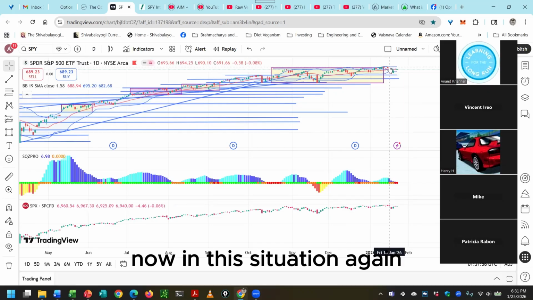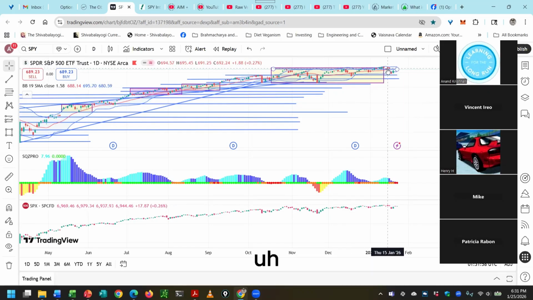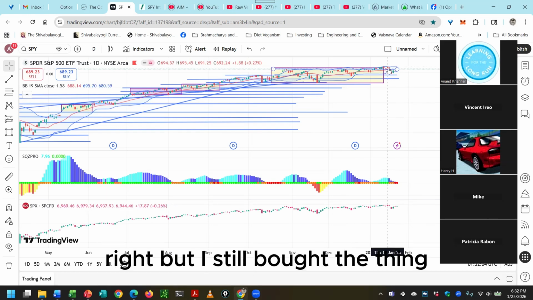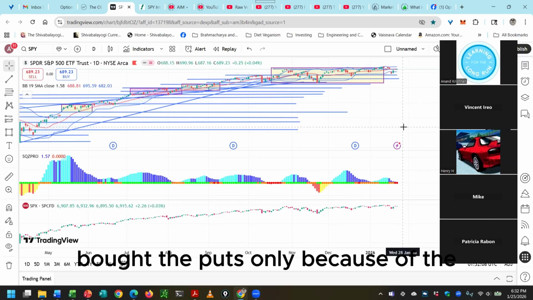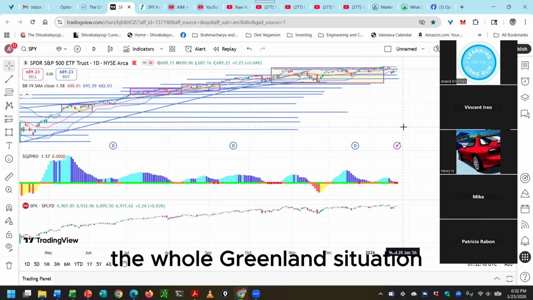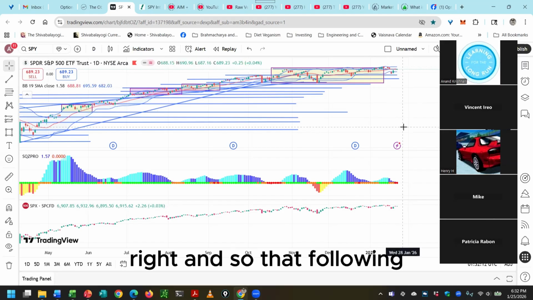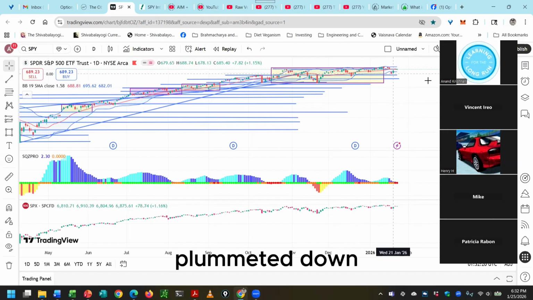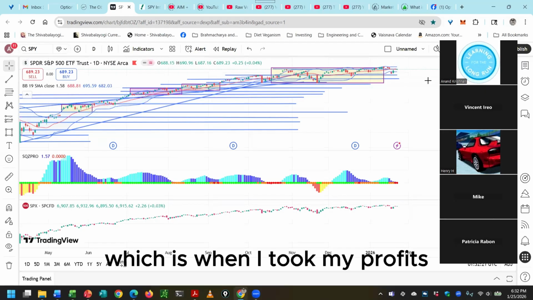Now, in this situation again, it did not actually have the Bollinger percent above 90, but I still bought the puts only because of the whole Greenland situation. And so that following day, it just plummeted down, which is when I took my profits.